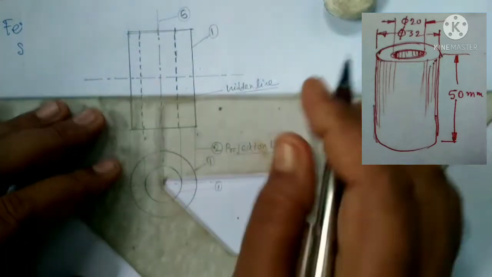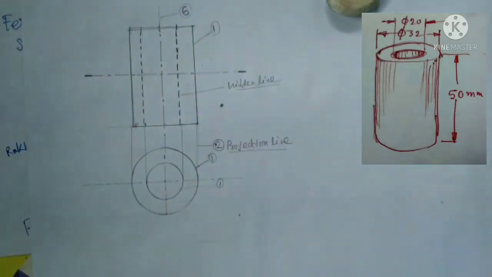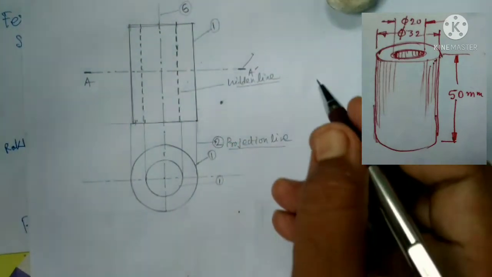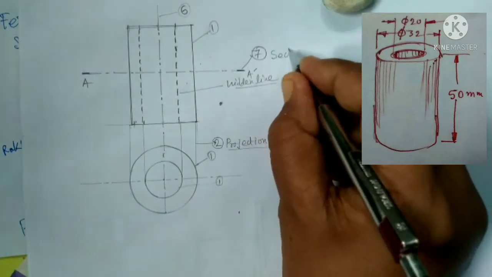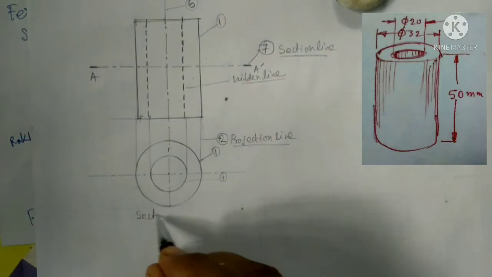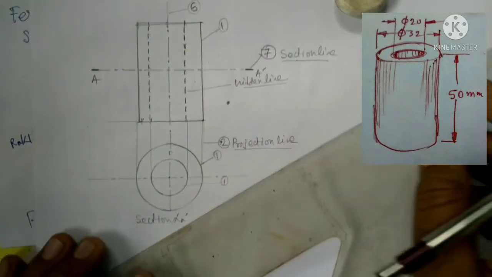This line is the section line, which is just like a center line, but the start and end are thick. The section line represents the cutting plane line.